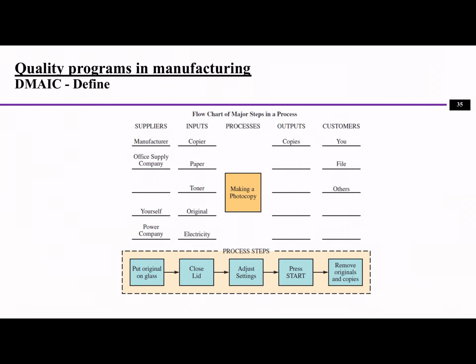For example, in define, we can use a flow chart to look at the major steps of the process, and then identify the inputs and outputs, the process, the stakeholders, and then try to define what the problem is here. Okay.